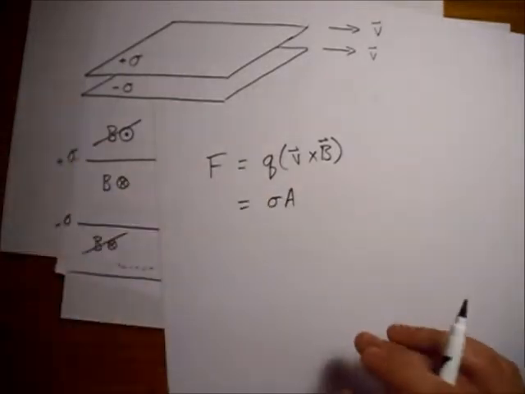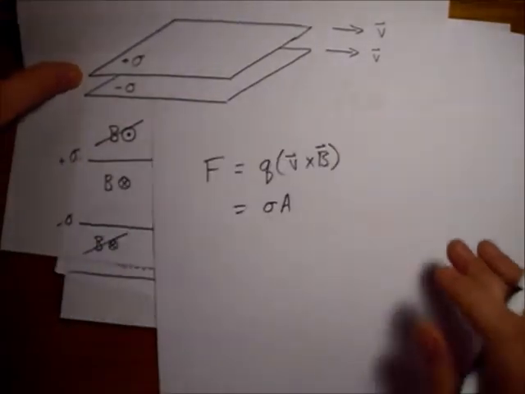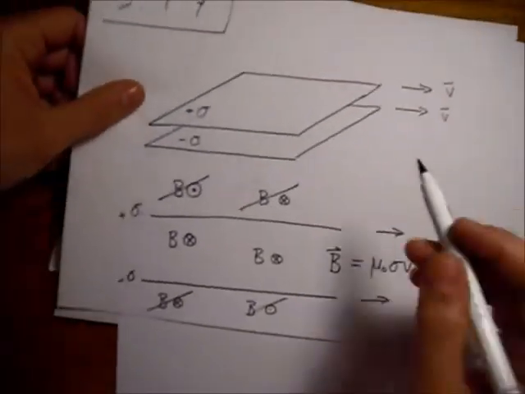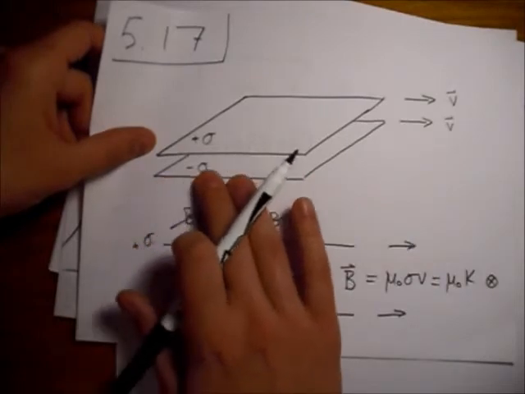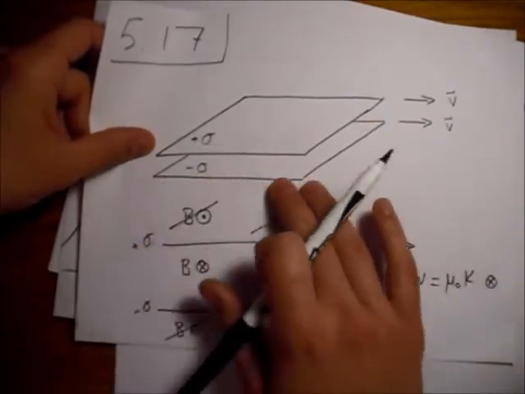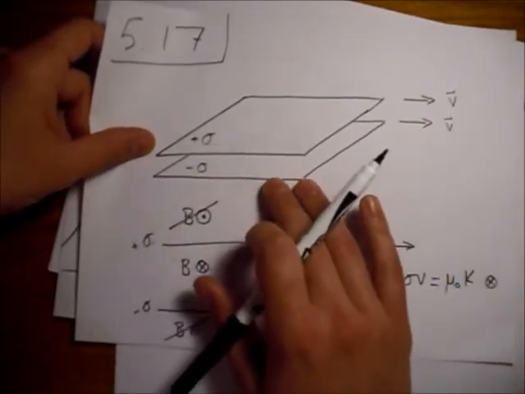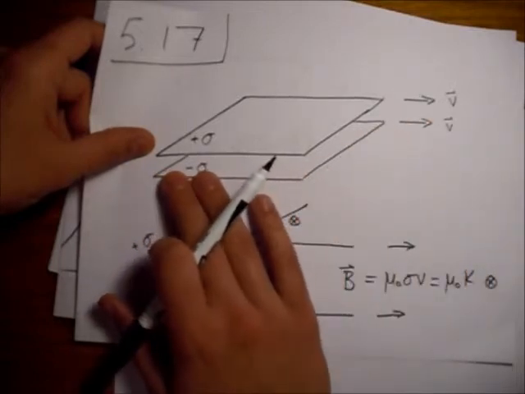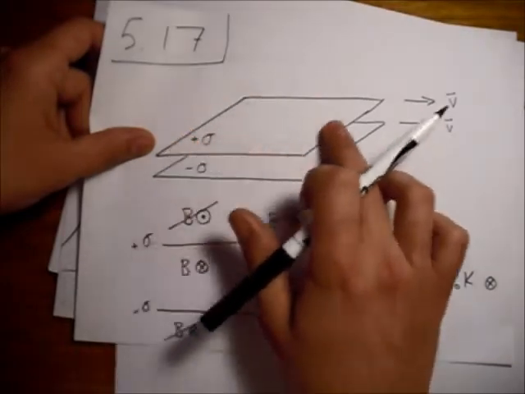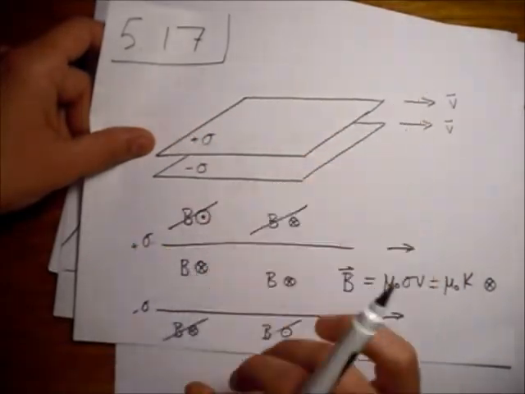That's equal to Q. We should first talk about what we're doing here. So the way I'm going to find force per unit area is I'm just going to look at the magnetic field from the bottom plate, and then find the force on the top plate from that magnetic field.